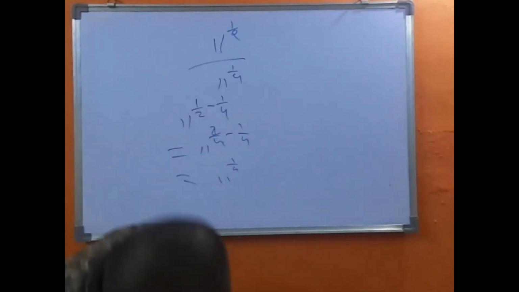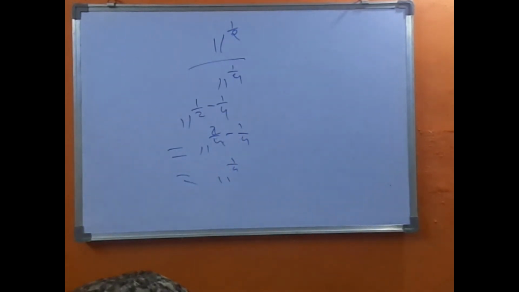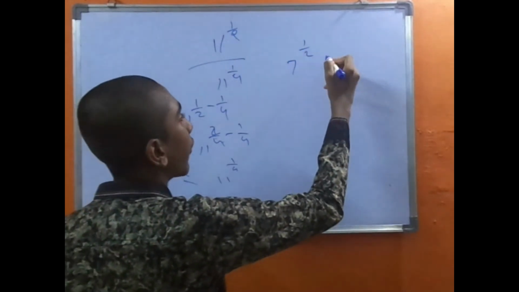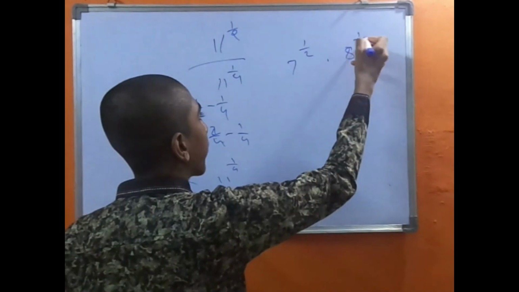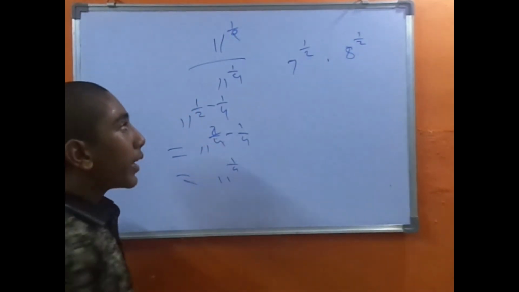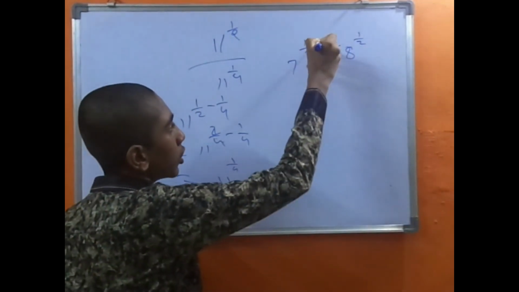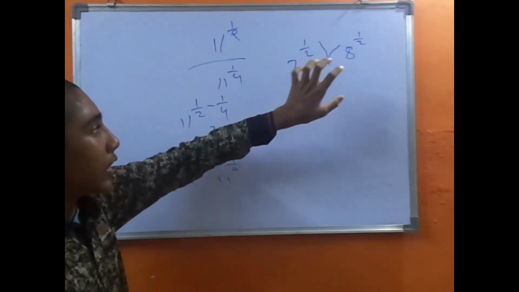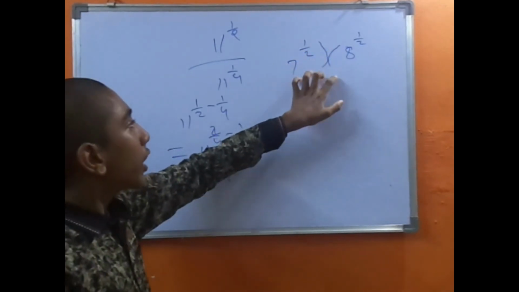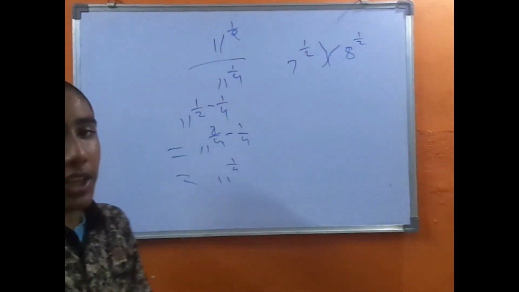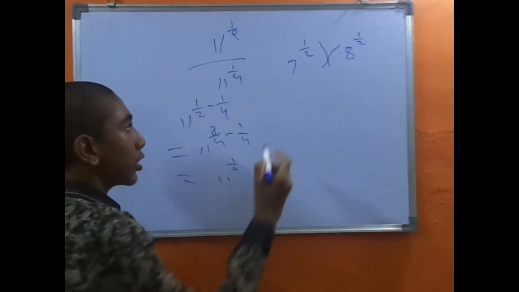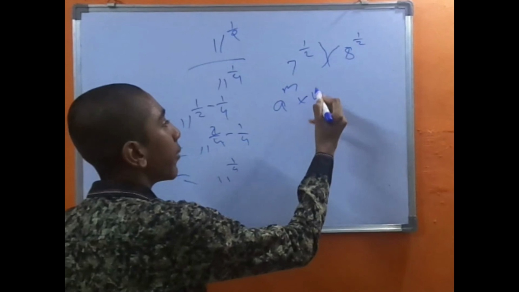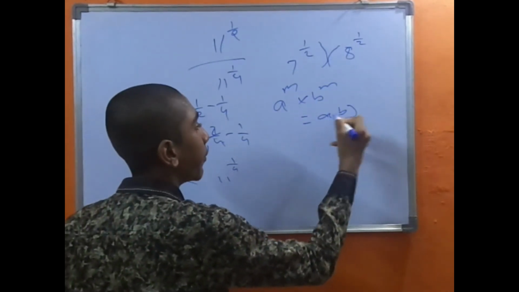So, next one, 7 power half dot 8 power 1 by 2. So this dot means again multiplication. So we multiply. Sorry, the bases are not equal, but the powers are equal. So we will use this: a power m into b power m is equal to ab whole power m.